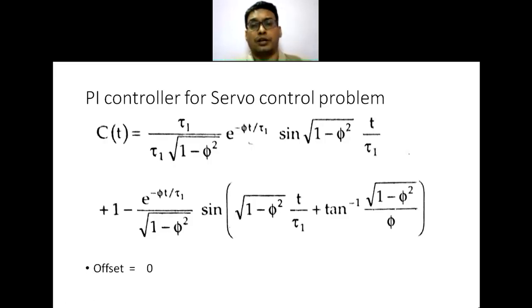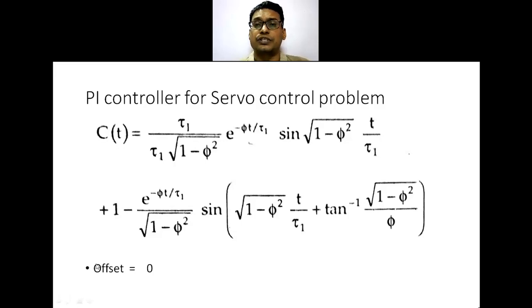Now the PI controller for servo control problems. The output response incorporates a sine term. That is a sinusoidal response that is going to get degraded in case of a proportional integral problem, and the offset value goes to 0.